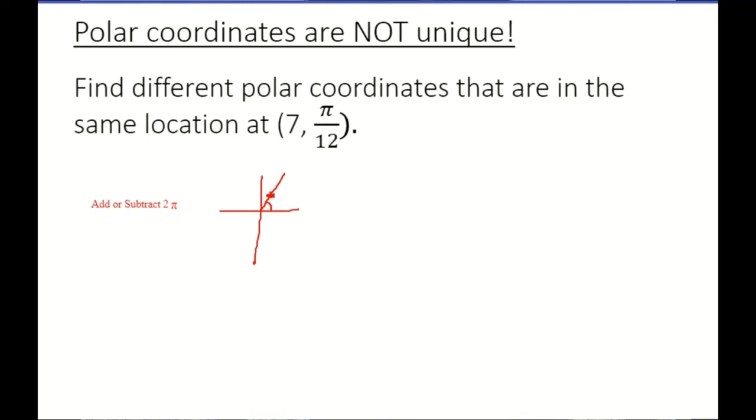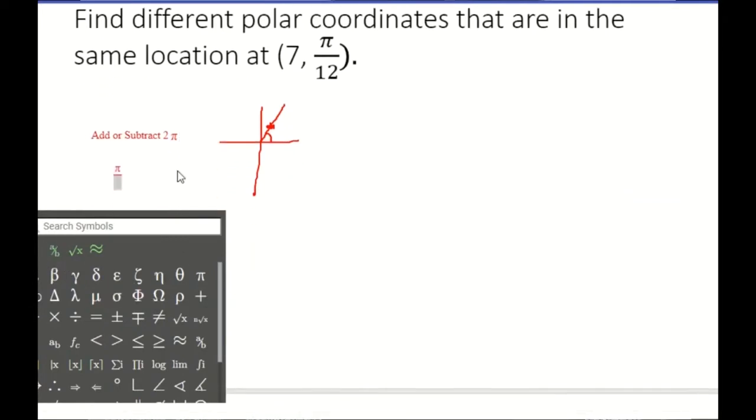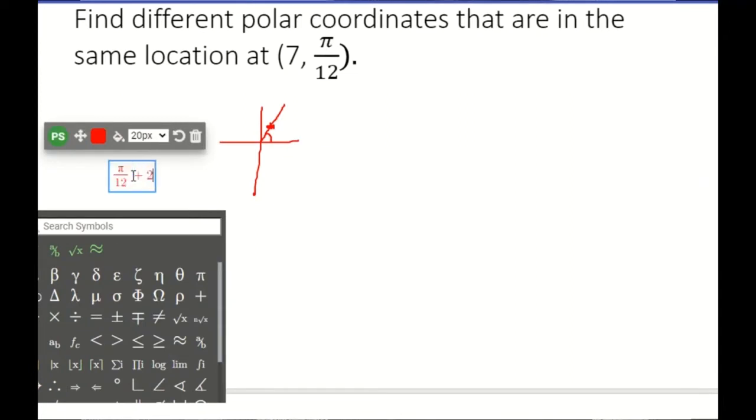So in this case, let's say we had pi over 12 plus 2 pi. And we can add that, and I'll show you how to do that.